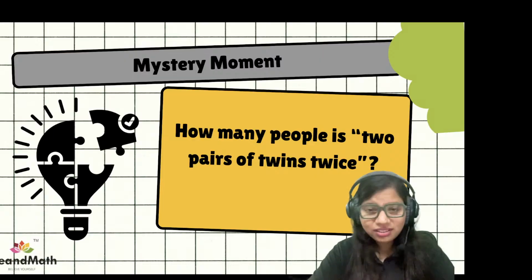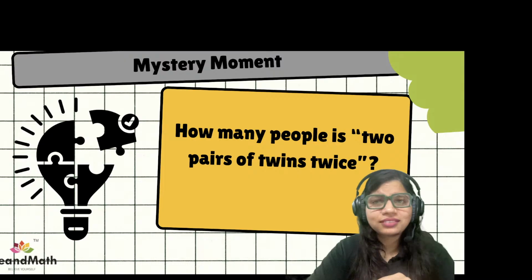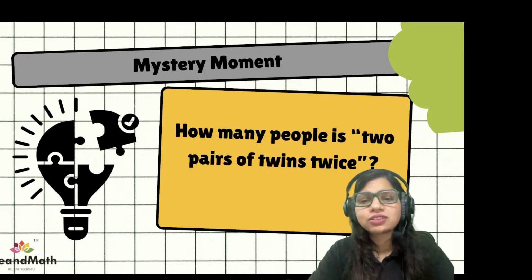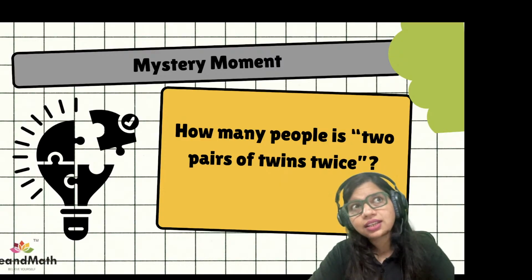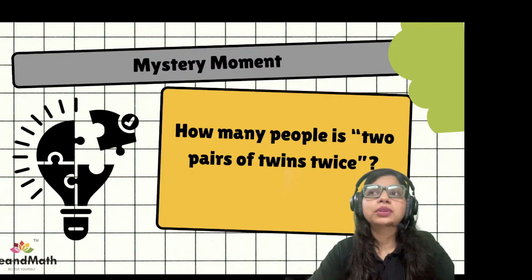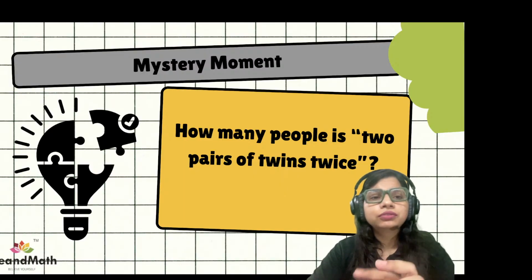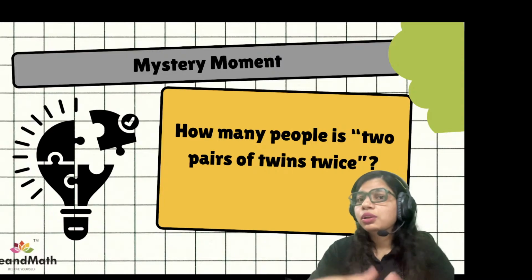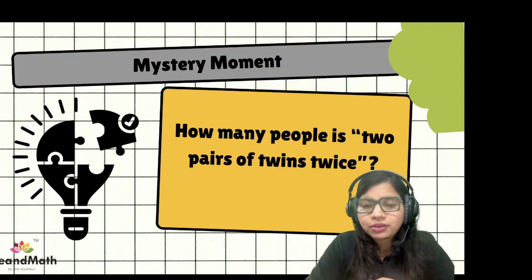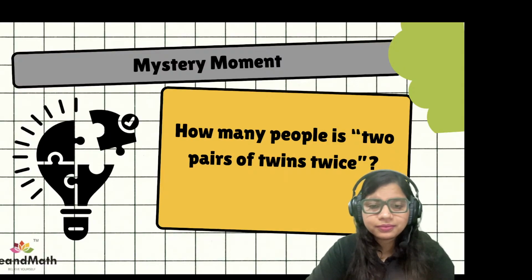Okay, think. 2 pairs of twins twice. Oh, so you have twins twice, 2 pairs. Okay, just think about it.